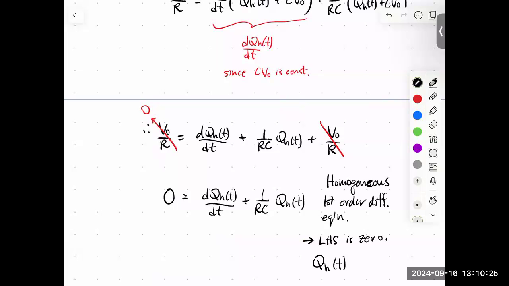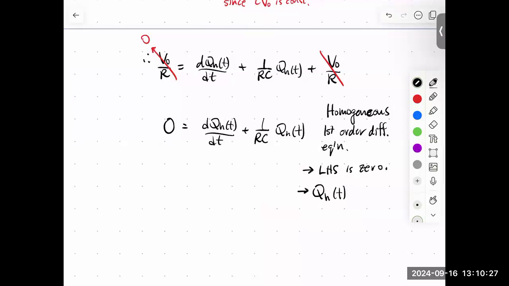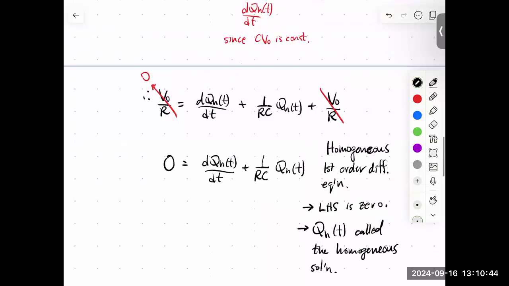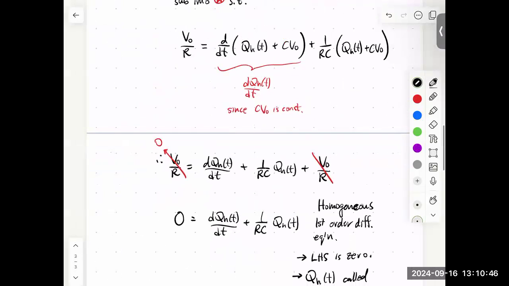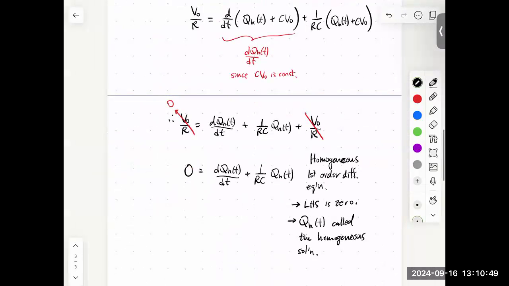And QH of t is called the homogeneous solution. And so the subscript H is for homogeneous. When I wrote Q is QH plus CV naught, just so you know, you don't have to worry about it for our course, but this is called a particular solution.